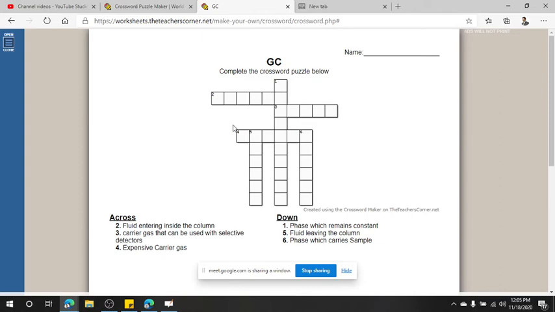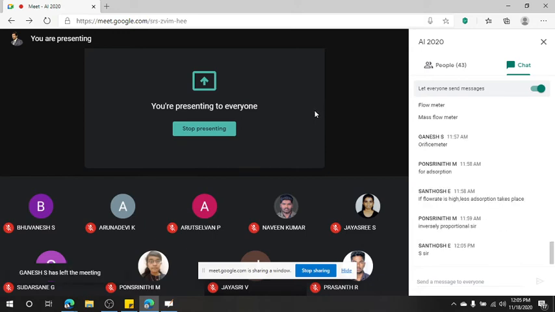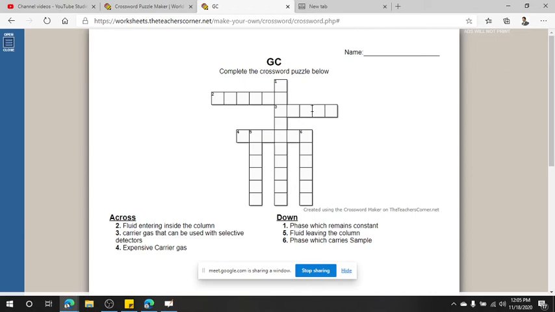Are you able to see this? Can everyone see the crossword puzzle? Okay, good. You have a crossword puzzle here, which is based on the content we have seen so far. Can you get me the answers?